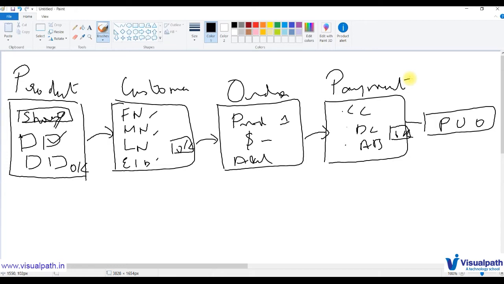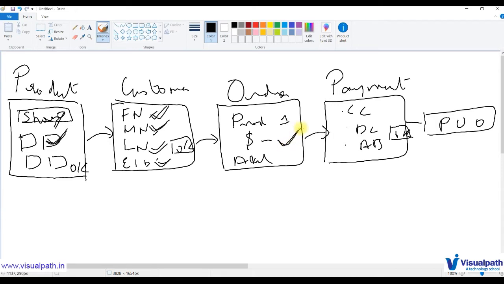On the first page I chose the product, and on the second page I gave all my customer information. The combination of these two, the product information and the customer information, can be viewed on the order page.